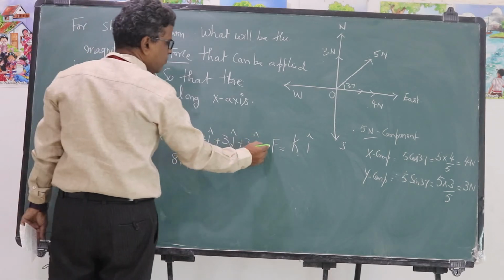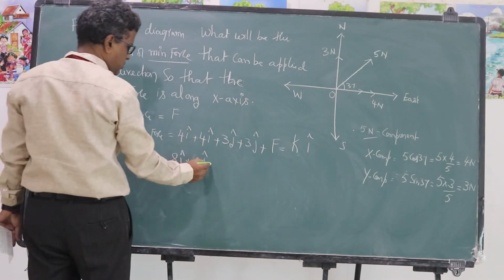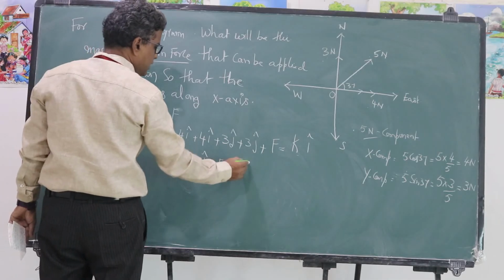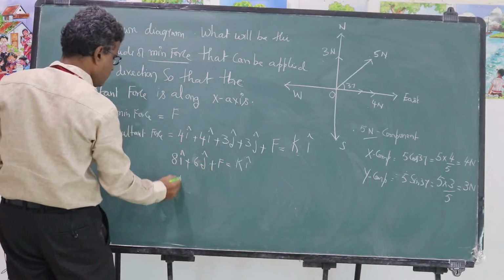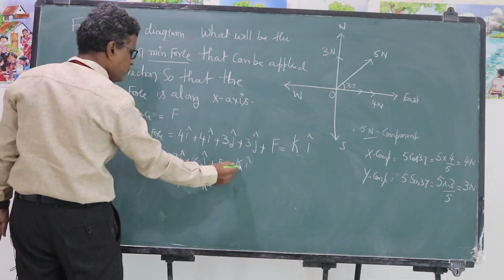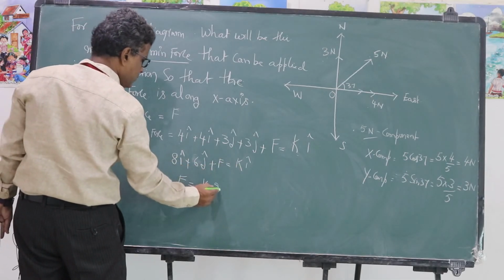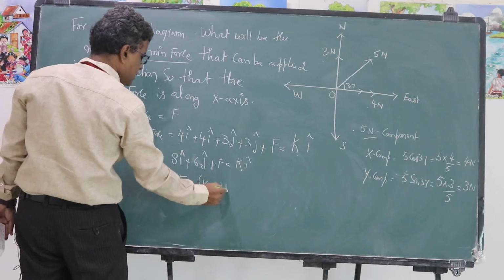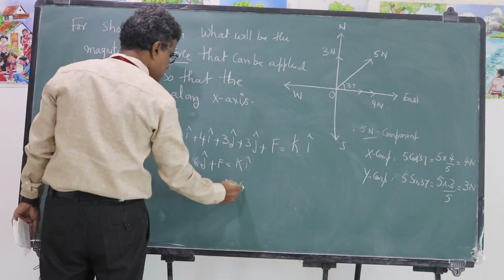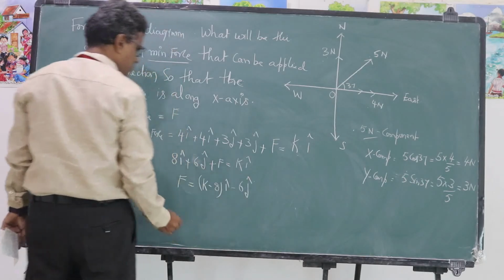We want this resultant equal to K i cap. So F is equal to, we want F, so K minus 8 i cap minus 6 j cap. Okay.